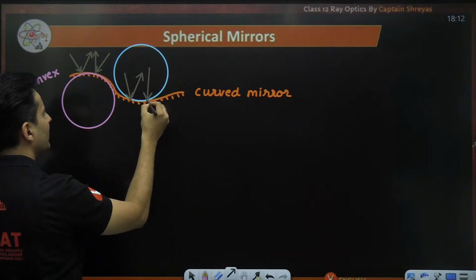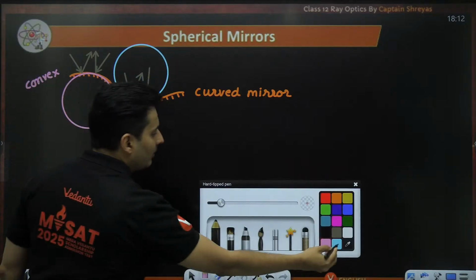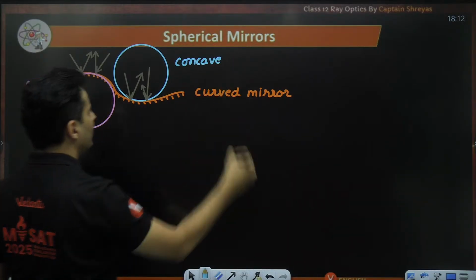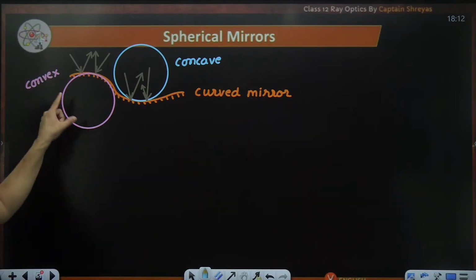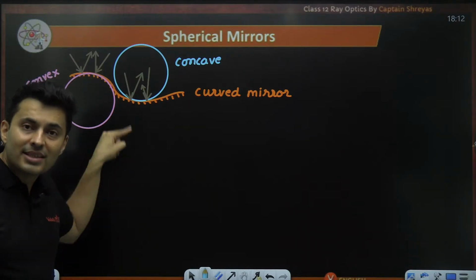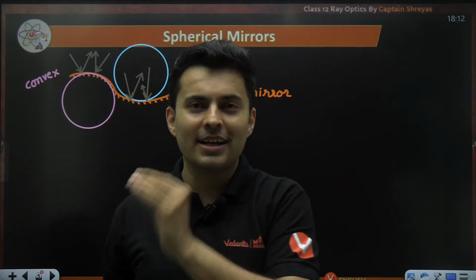The light rays fall here like this, they'll probably be reflected like this. So this kind of a mirror is then called the concave mirror. Concave mirror, because this curved surface is a part of a sphere. That is why sometimes it is also called a spherical mirror.